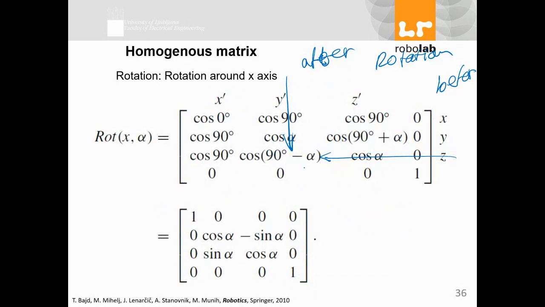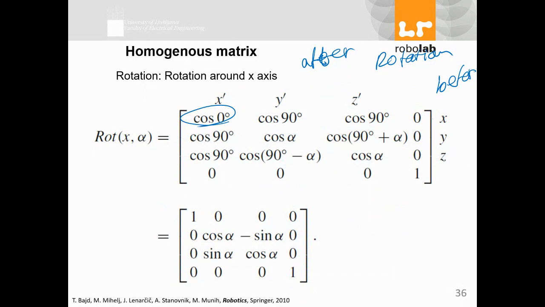Cosine of 90 minus alpha. And what is the angle between z before and after? It is alpha. So your rotation matrix will be this. If you simplify, how much is cosine of 0? 1.